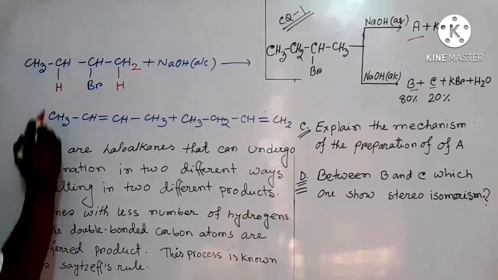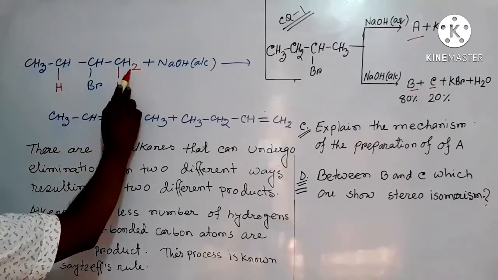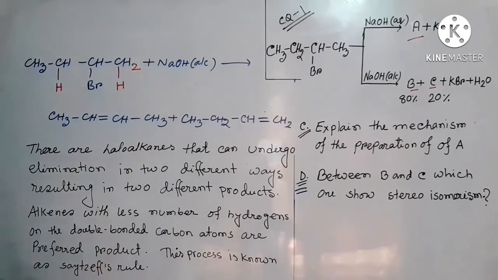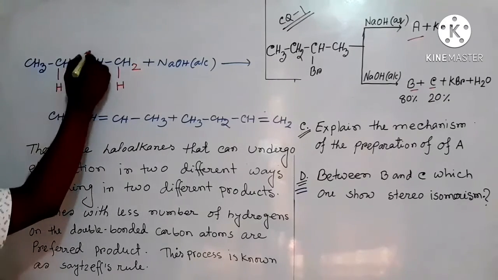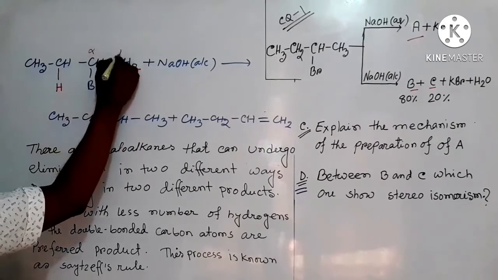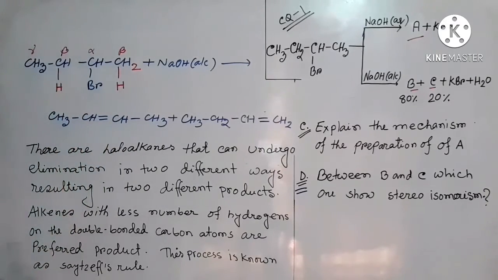Now if we see the reaction, here 2 hydrogens are present and here 3 hydrogens are present. This is an elimination reaction. This is the alpha carbon, this is beta, this is also beta, and this is gamma.